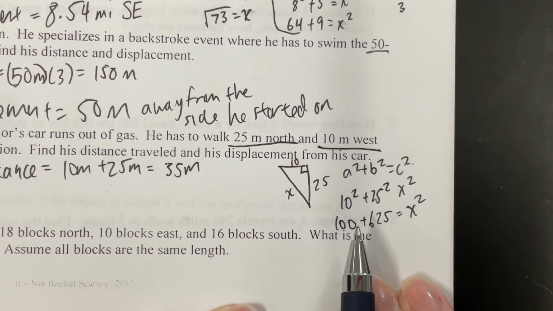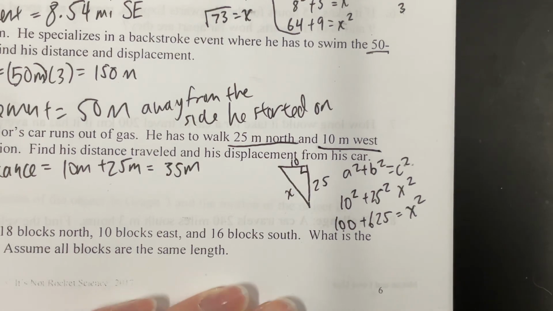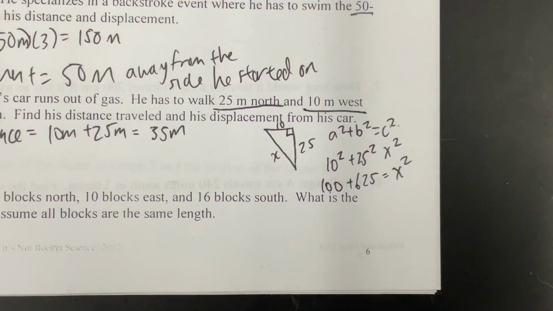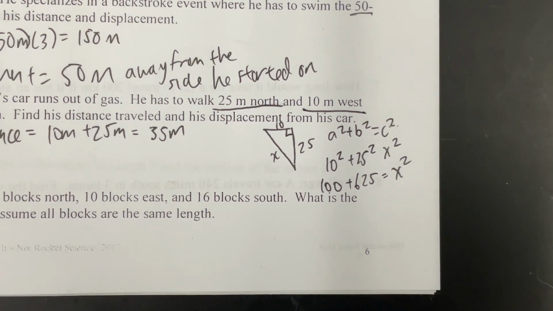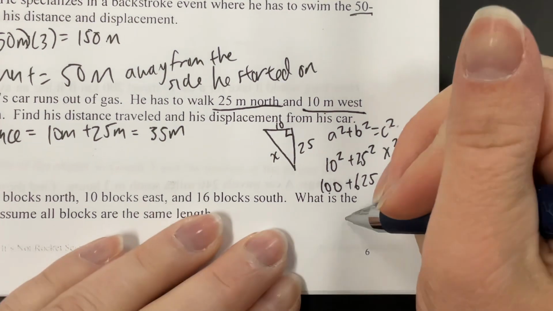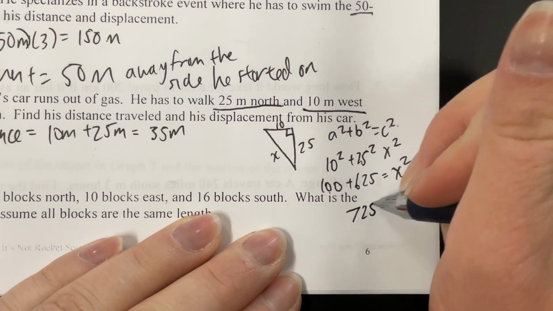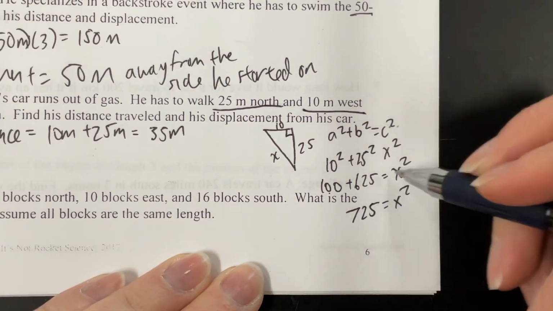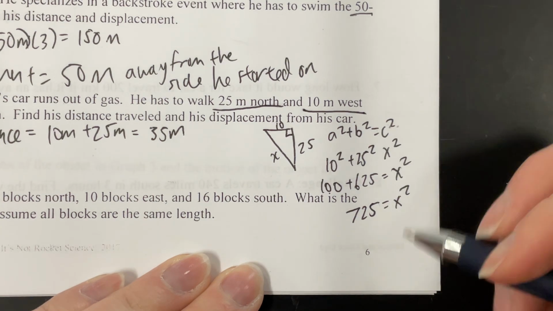I'm gonna run out of space. I'm gonna just keep working down in this bottom chunk because I'm out of space. What's 100 plus 625? Good, it's 725. And then to undo squaring, we're gonna square root both sides. That undoes this squared.